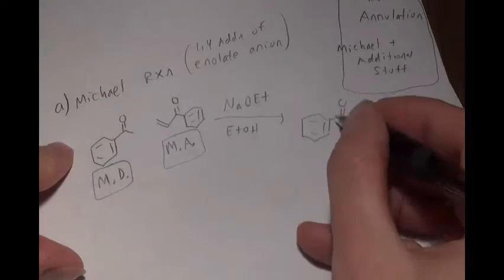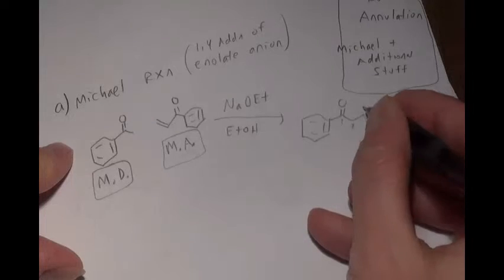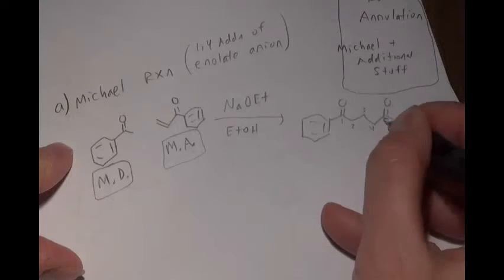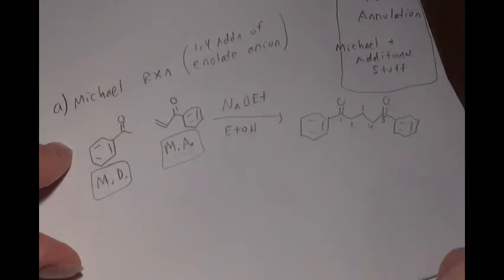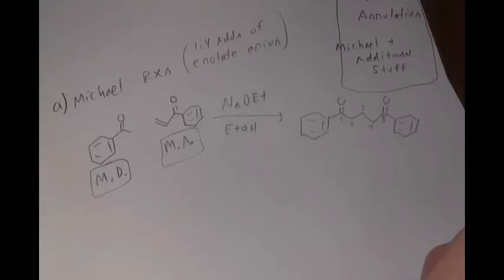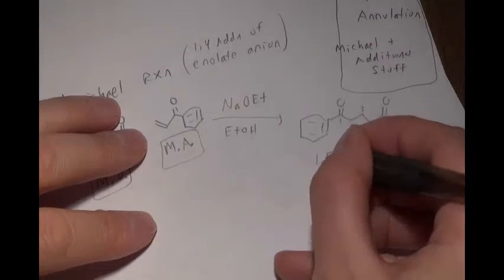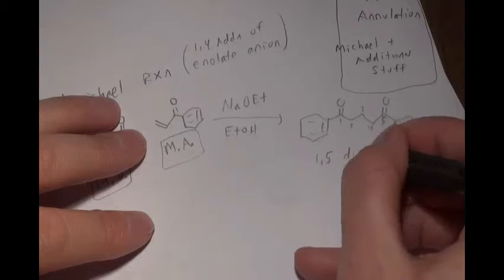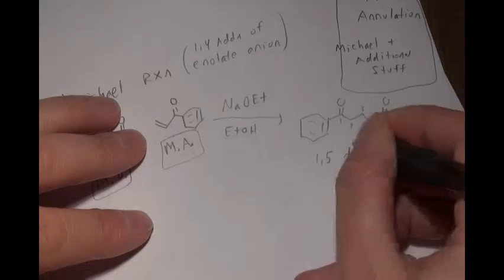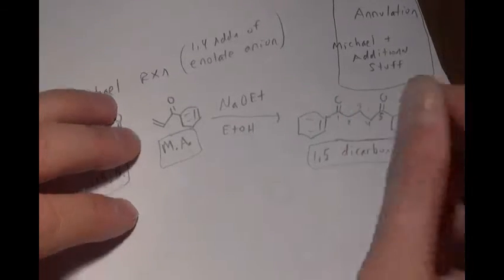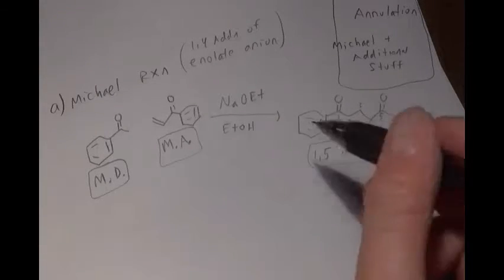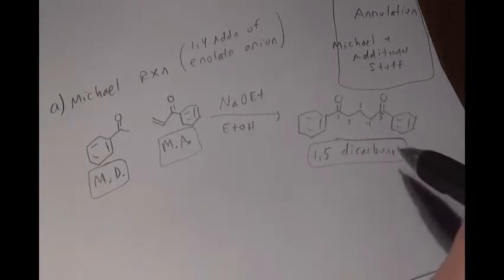If I number my carbons, 1, 2, 3, 4, 5, 1, 2, 3, 4, 5, a good name for the product of a Michael is a 1,5-dicarbonyl. So the product of a Michael reaction is going to be a 1,5-dicarbonyl.